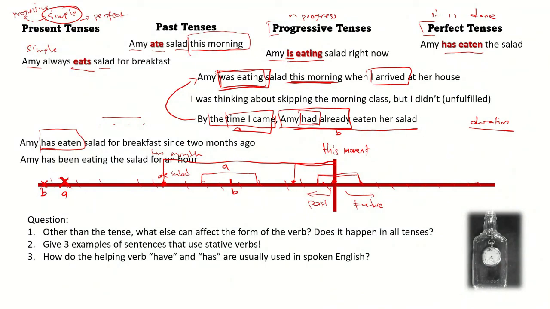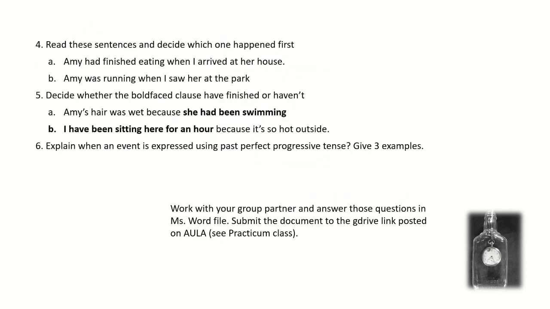Try to find the difference, how to use the helping verbs have and has in spoken English. Well, that's the explanation of the sentences. And these are the rest of the questions that you need to answer.